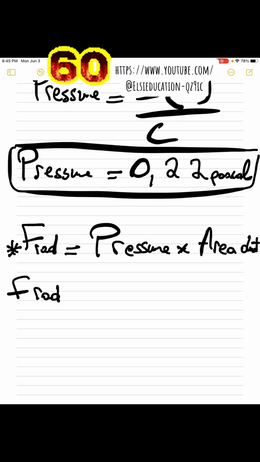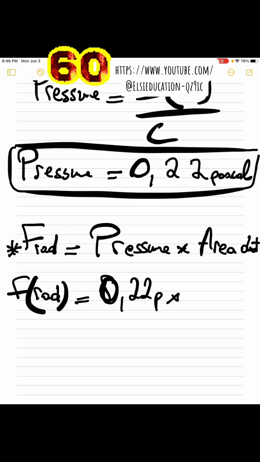The force of radiation is equal to pressure, that's 0.22 pascals, multiplied by pi r squared of the dust particle.